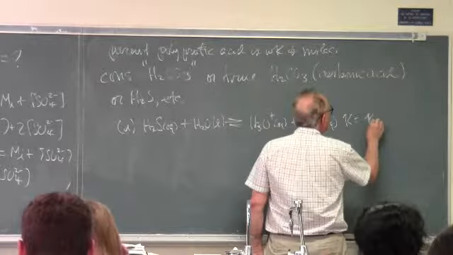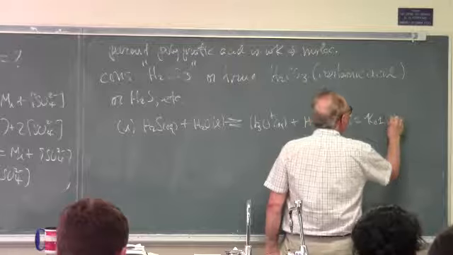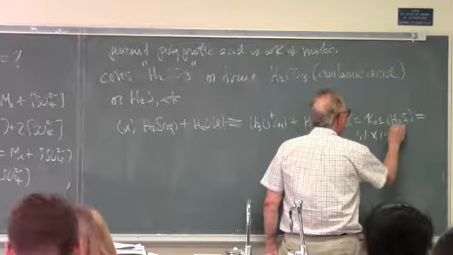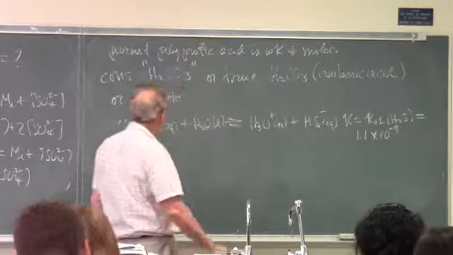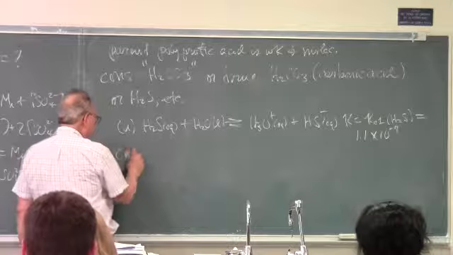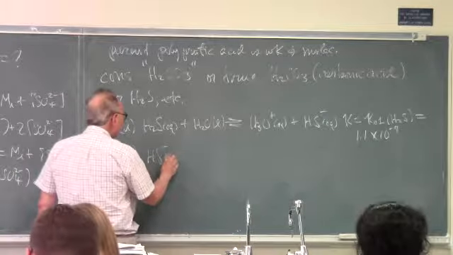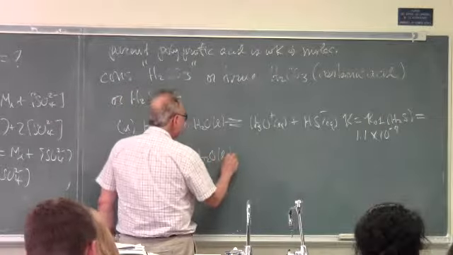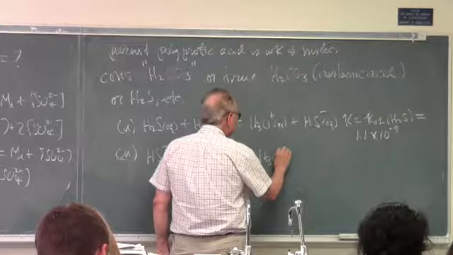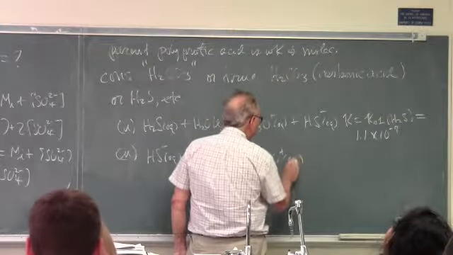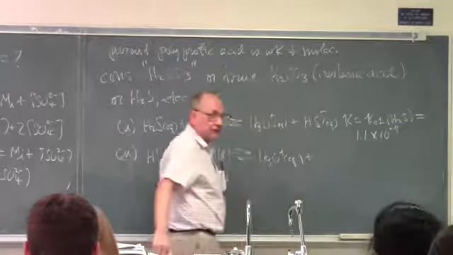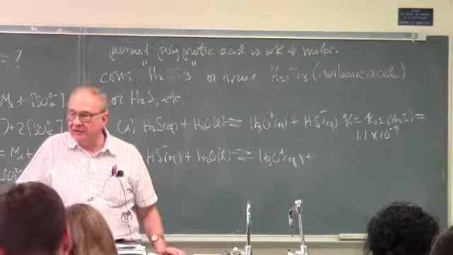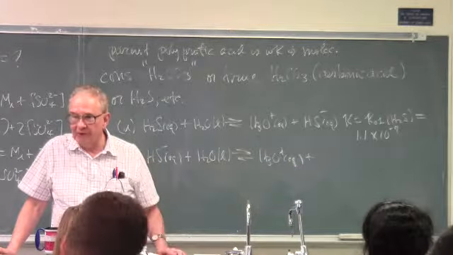K equals Ka1 H2S equals 1.1 times 10 to the minus 7. As with sulfuric acid solution, behaving in polyprotic fashion, we had to consider the ionization of HSO4 minus.